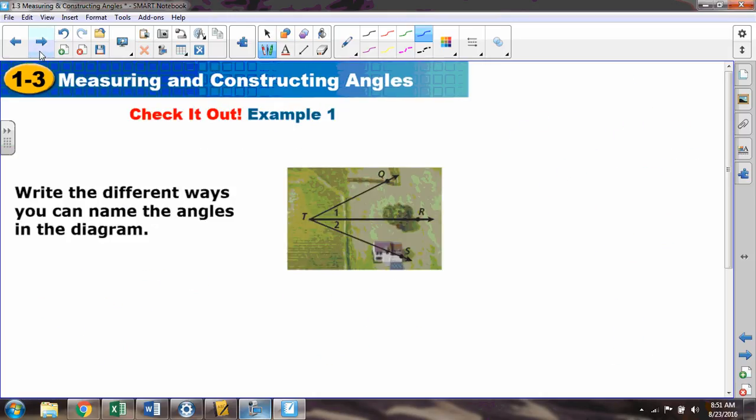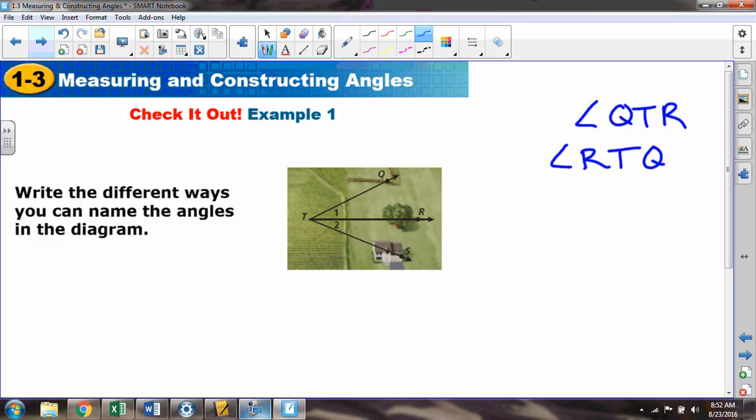All right, so I'll consider this then. How would you name the angles? Angle QTR is one of them. RTQ. We're going to note, that's the same angle named twice.